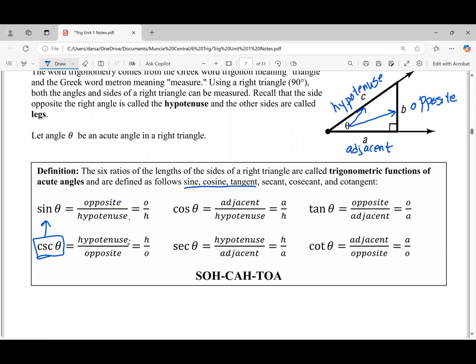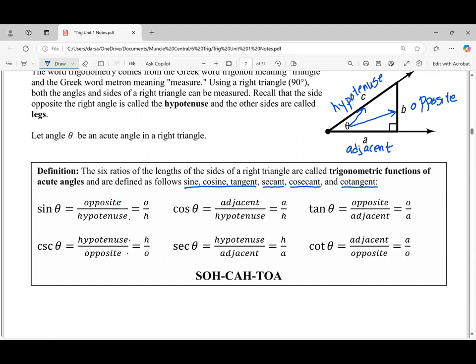So cosecant is hypotenuse over opposite. It's just the upside down, the reciprocal. Secant is the reciprocal of cosine, and cotangent is the reciprocal of tangent. And how do you spell those? Secant, cosecant, cotangent. So we have our 6 major trigonometric functions.